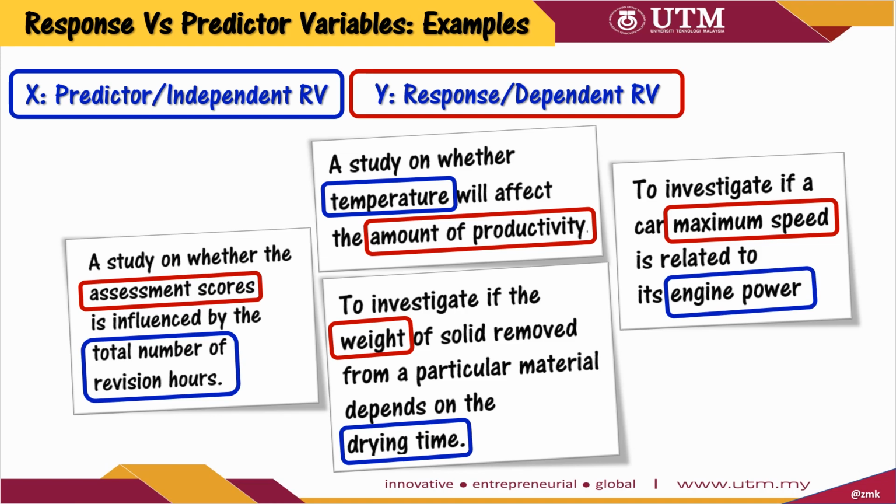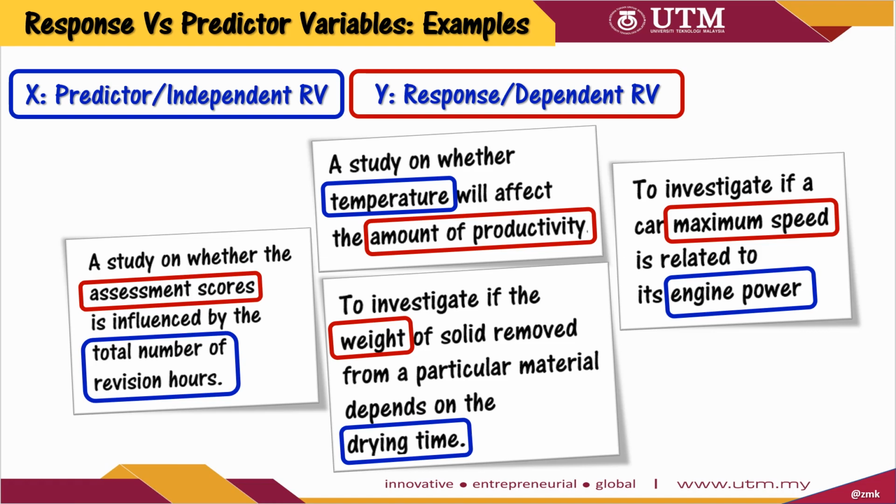From these four examples, you should be able to notice that the response variable Y is the uncontrolled variable where its values depend on another variable. The independent or predictor variable X, on the other hand, is a control variable where you can control its values.